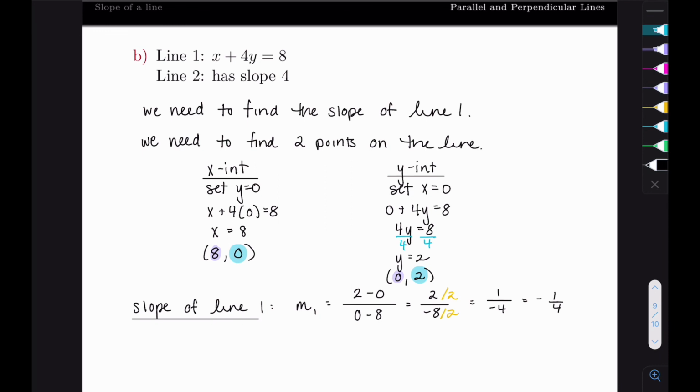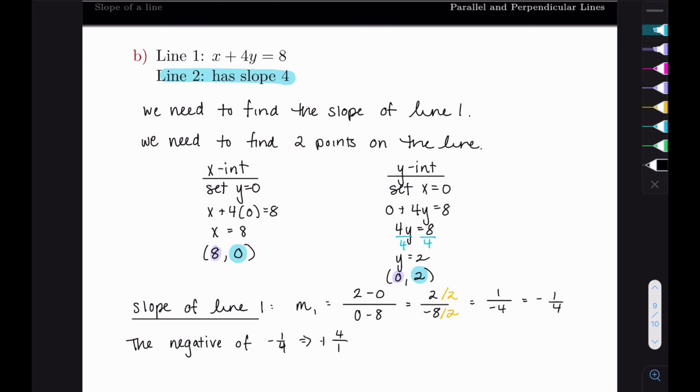So the slope of line 1 is negative 1/4. The slope of line 2 is 4. They're definitely opposite signs, and they are negative reciprocals. So if you're unsure of that, the negative reciprocal of this is going to be flip the fraction and change the sign.